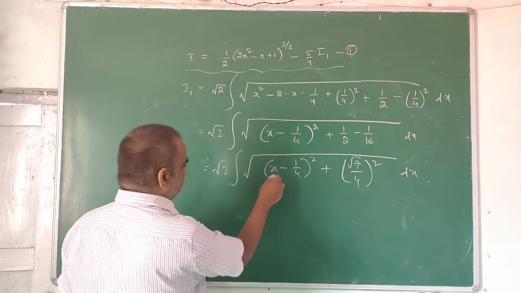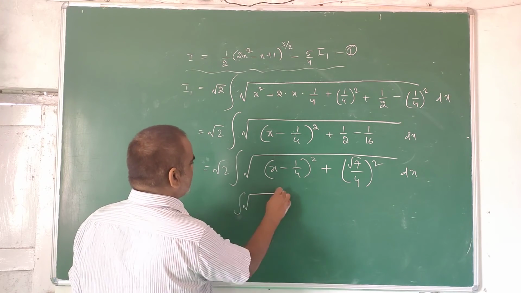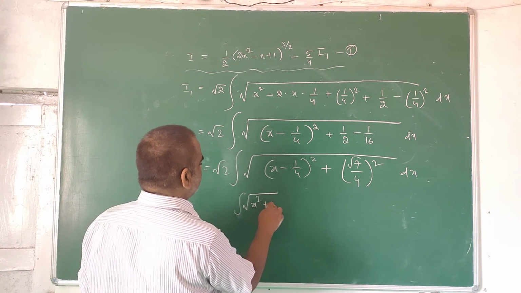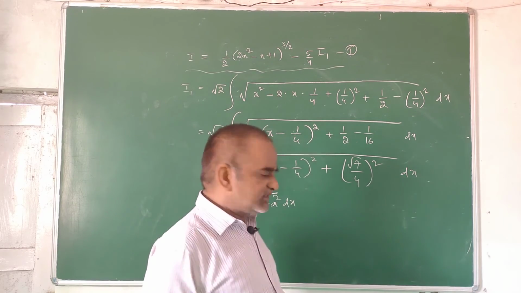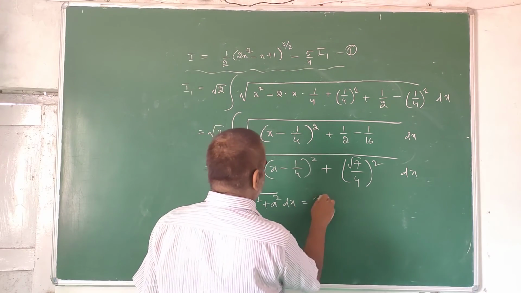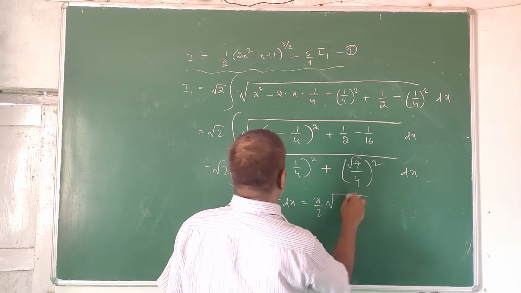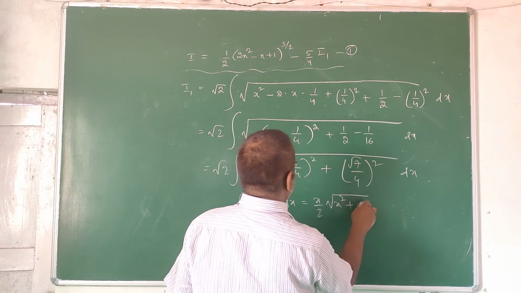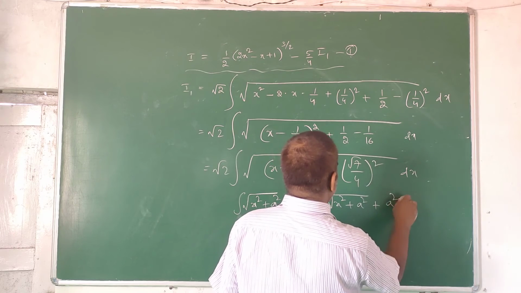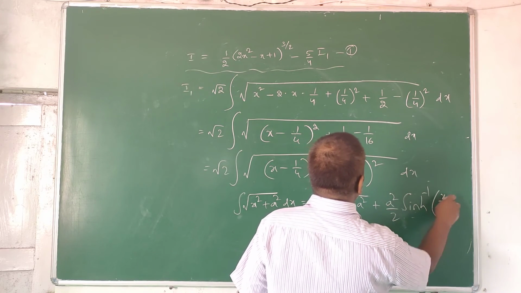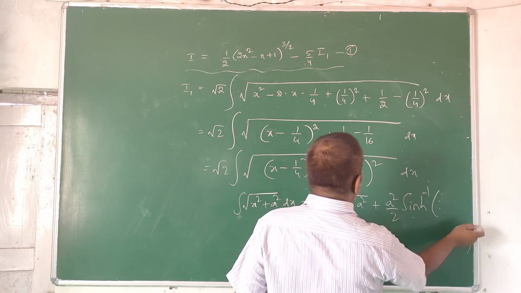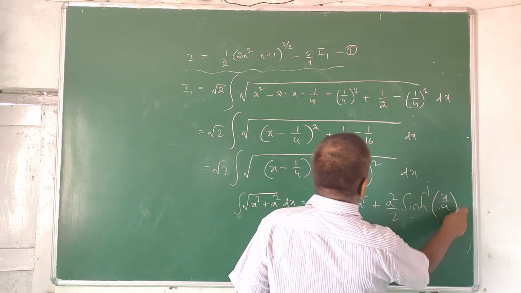So now this is in the form of integral root over x square plus a square dx. This formula we have derived as x by 2 into root over x square plus a square plus a square by 2 into sin h inverse x by a, plus c.